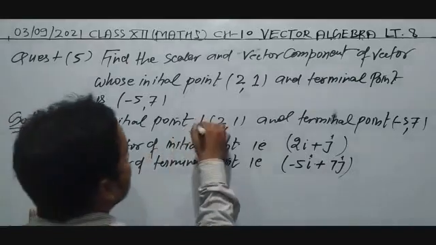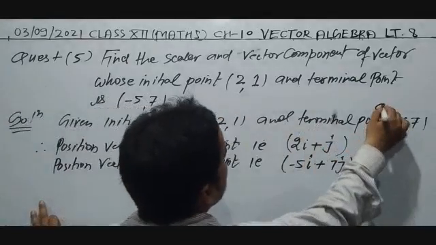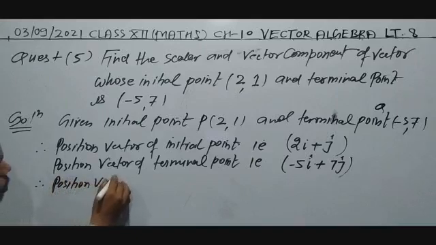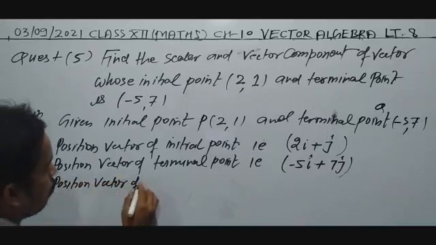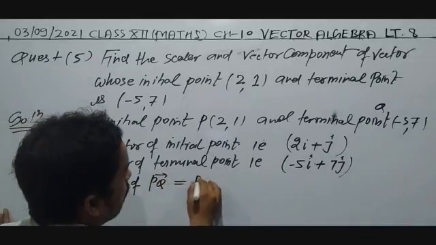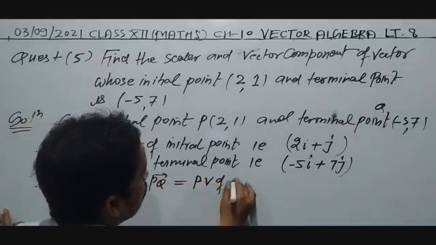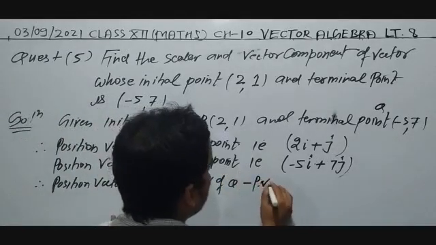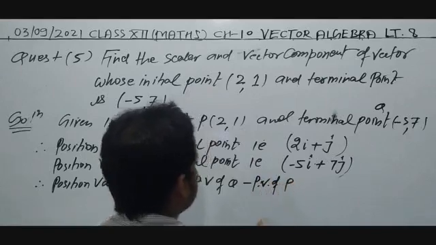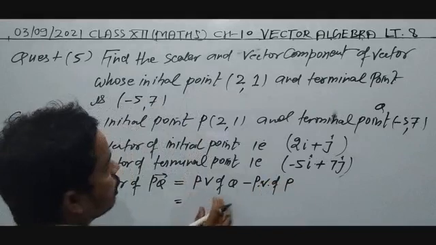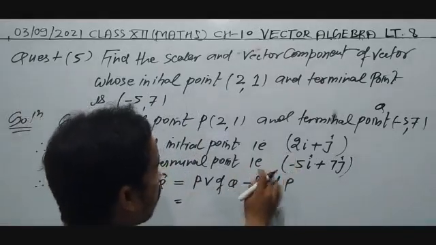Suppose this is P and this is Q. Therefore, position vector of PQ will be equal to position vector of Q minus position vector of P. This is position vector of P, position vector of Q.